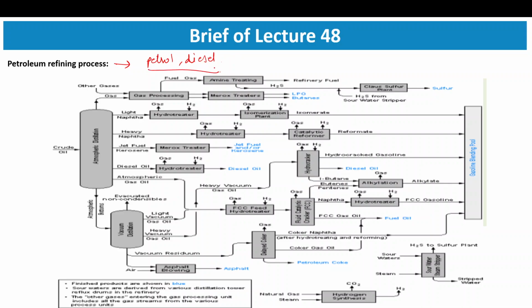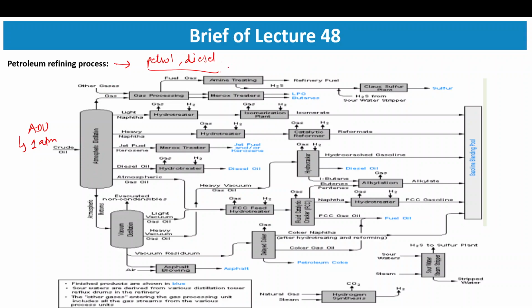As you know, these products are generated from crude oil. So crude oil is sent to the atmospheric distillation unit, known as ADU. The name comes from the pressure at which this distillation column is operated, which is 1 atmosphere. That is why it is called the atmospheric distillation unit.